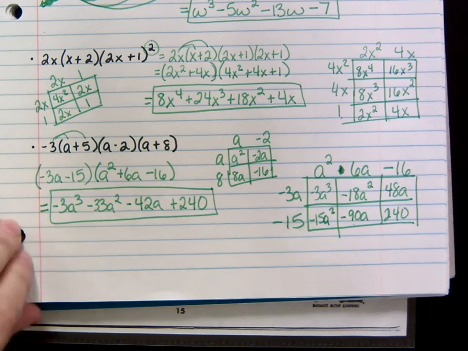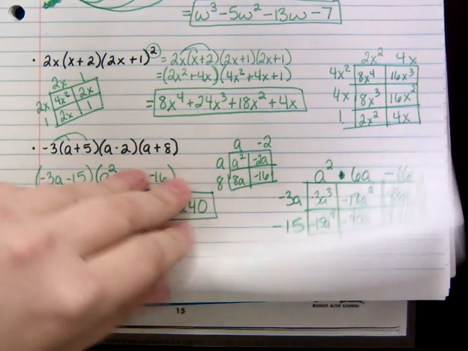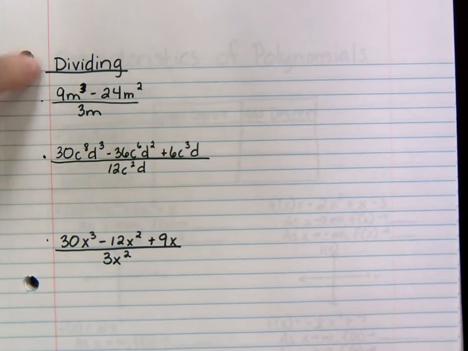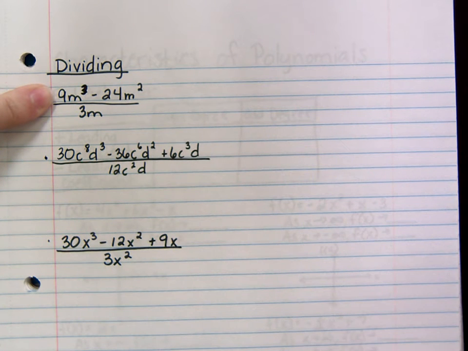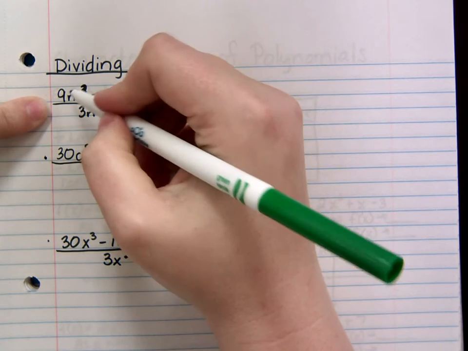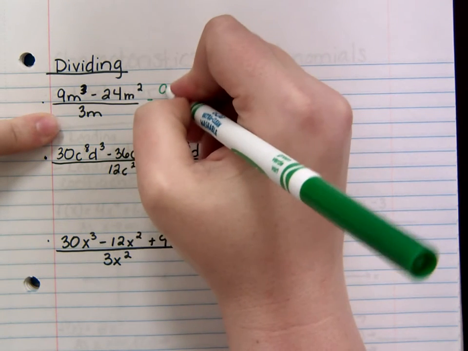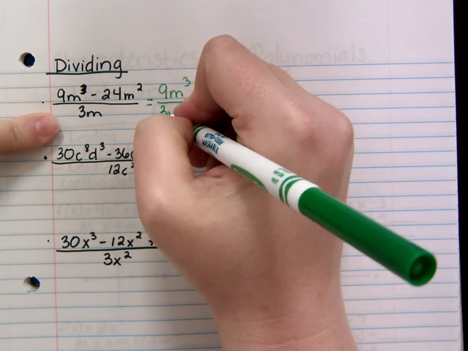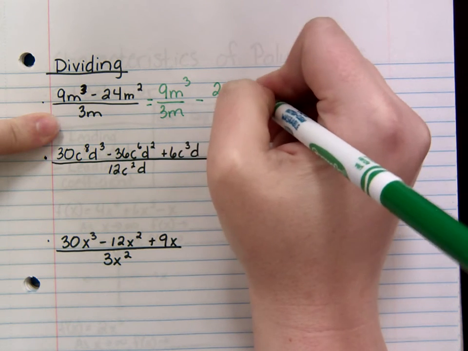Alright, so we've done add, subtract, we've done multiply, now we're going to divide. Now, when you're dividing, for now we're only dividing by monomials. When you do this, you're going to divide every term on top by the term on the bottom. And if it helps you, you can rewrite the expression using that concept.